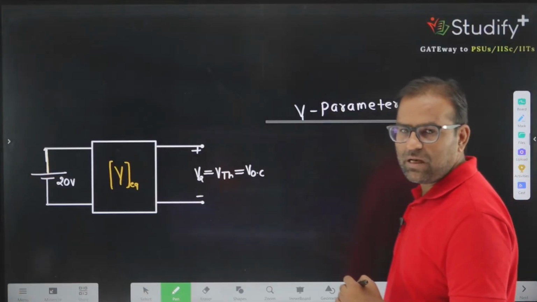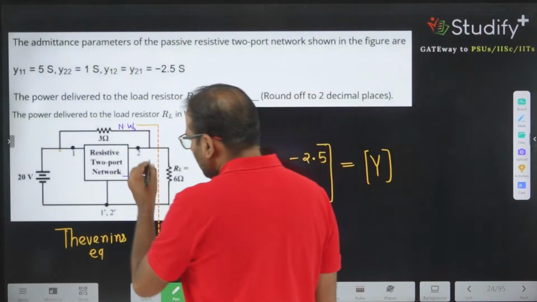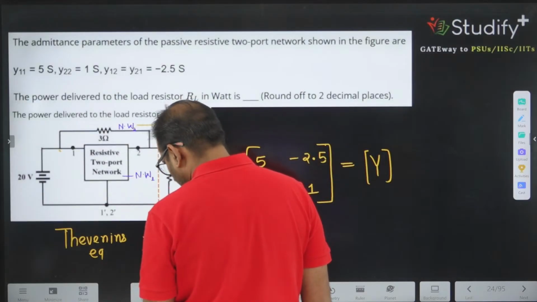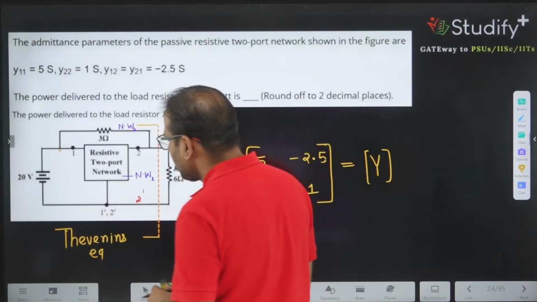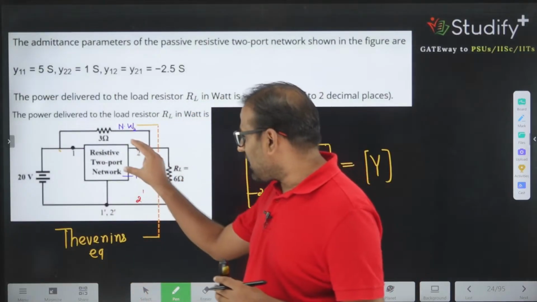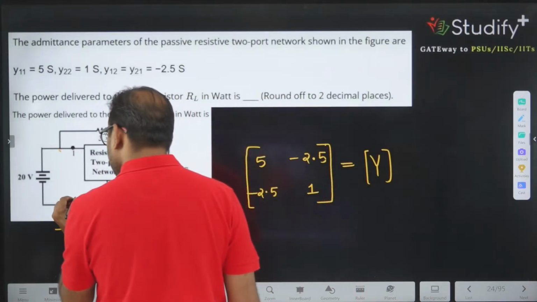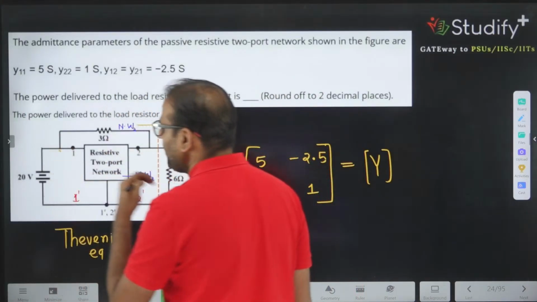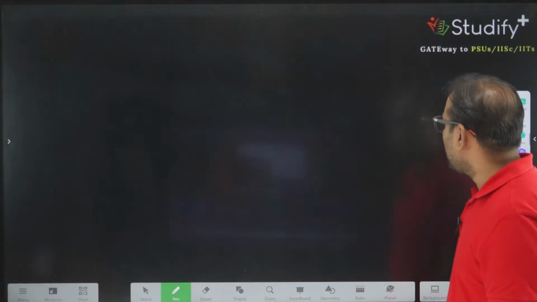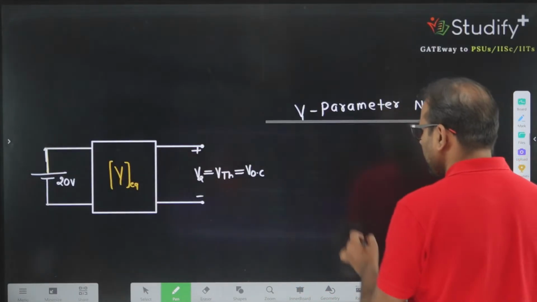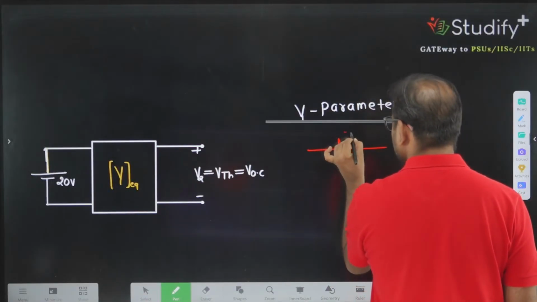When you look at network number 2, it means this 2 and 2 prime. 2 and 2 prime is the voltage which is valid for this network and this 3 ohm resistance. And 1 and 1 prime is the voltage which is common for both network number 1 and network number 2. So network number 2 is nothing but 3 ohm resistance.